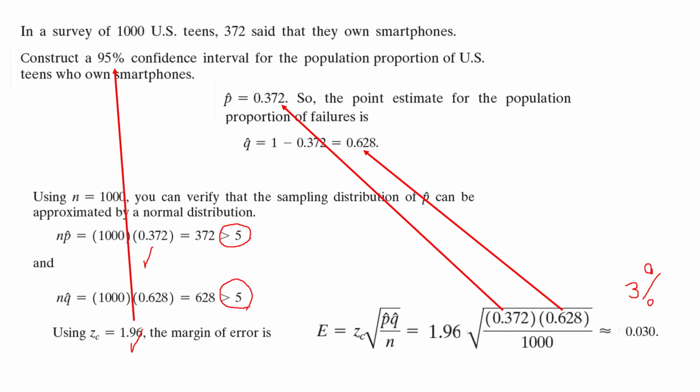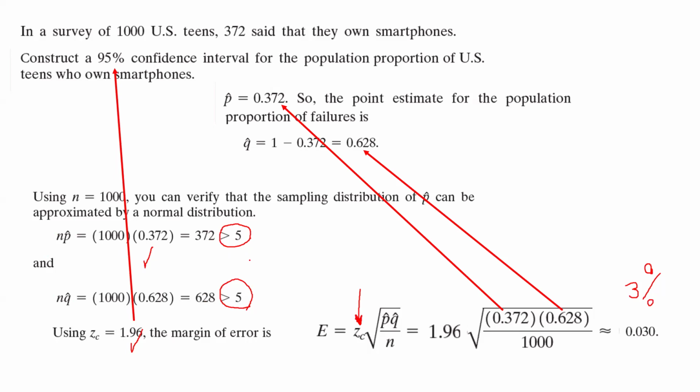Since we don't know anything about normality, and we want to use ZC, remember that to use Z, you have to have a normal distribution. So they just multiply n and p hat, n and q hat, as long as these two numbers are more than 5 or 10. Again, some books use 5, some other books are on the safer side and use 10 to make sure the normality is met.